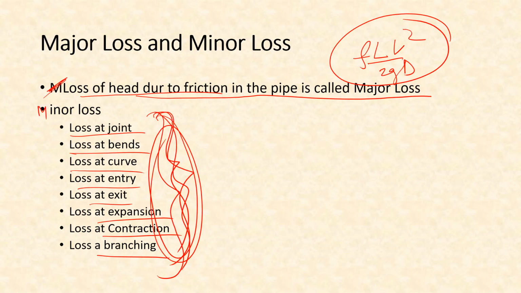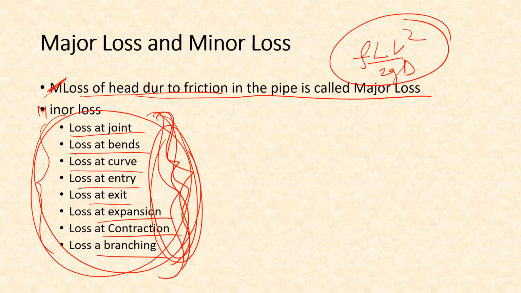We have briefly discussed some of these minor losses and how they come into being, and in the next lecture we will discuss in detail how each of these minor losses is actually calculated.